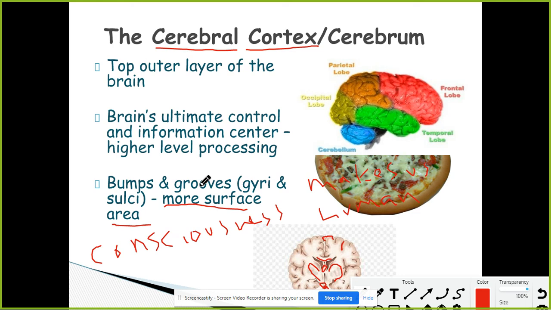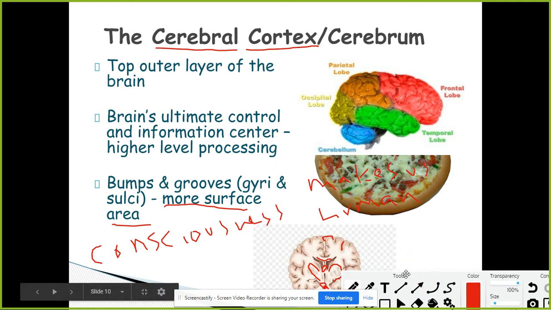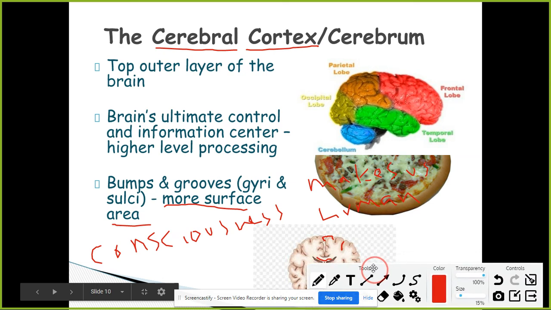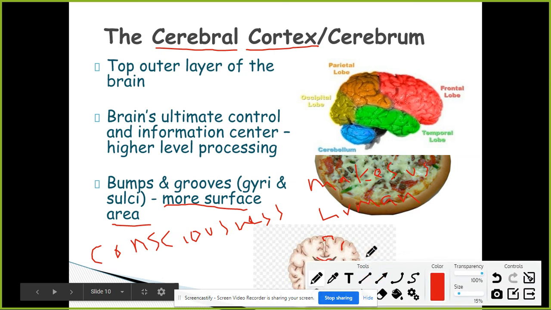But our bodies aren't built to hold that, neither is our head. Okay, so we have these bumps and grooves to keep our brain small, right, but have enough surface area to be able to do all of the higher level processing that we need to do. The more bumps and grooves, all right, and the thickness of them, okay, the smarter an organism is.